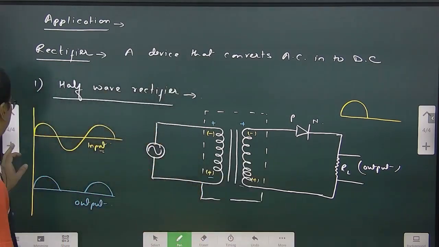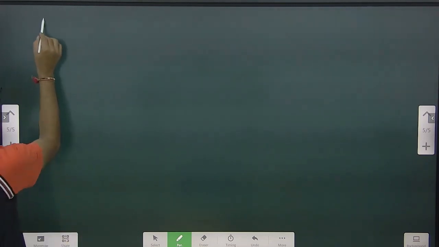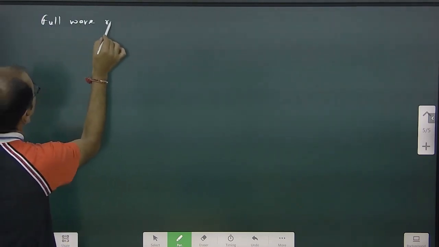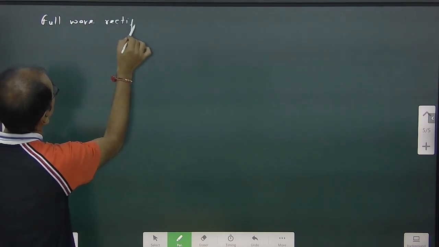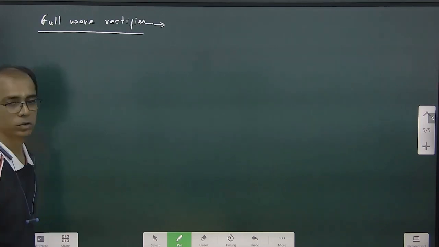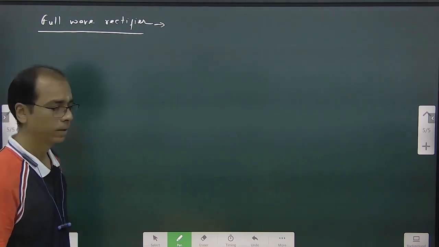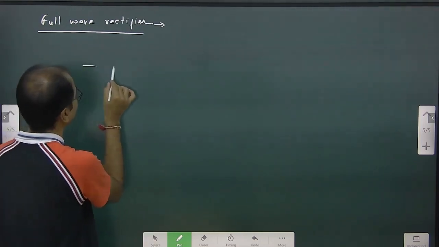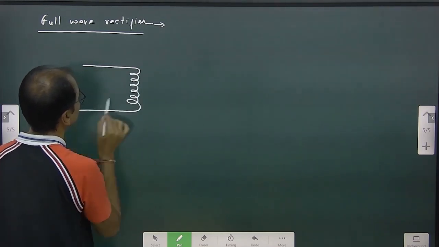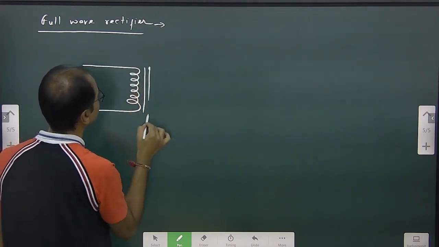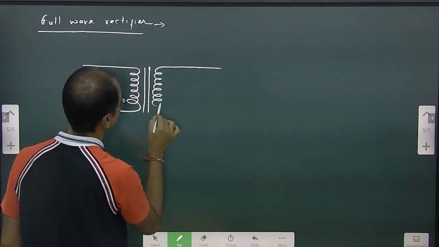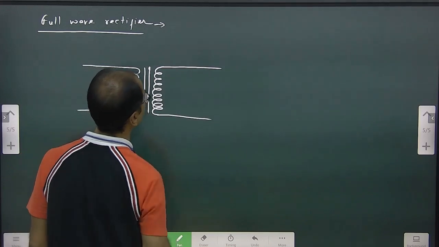Full wave rectifier. Now the full wave rectifier will be using two PN junction diodes. Exactly the same diagram, with a transformer.